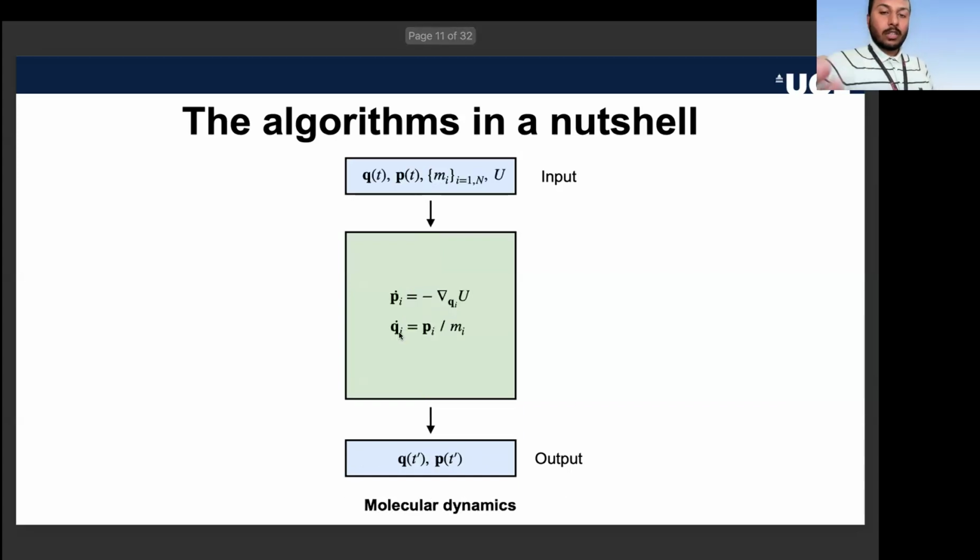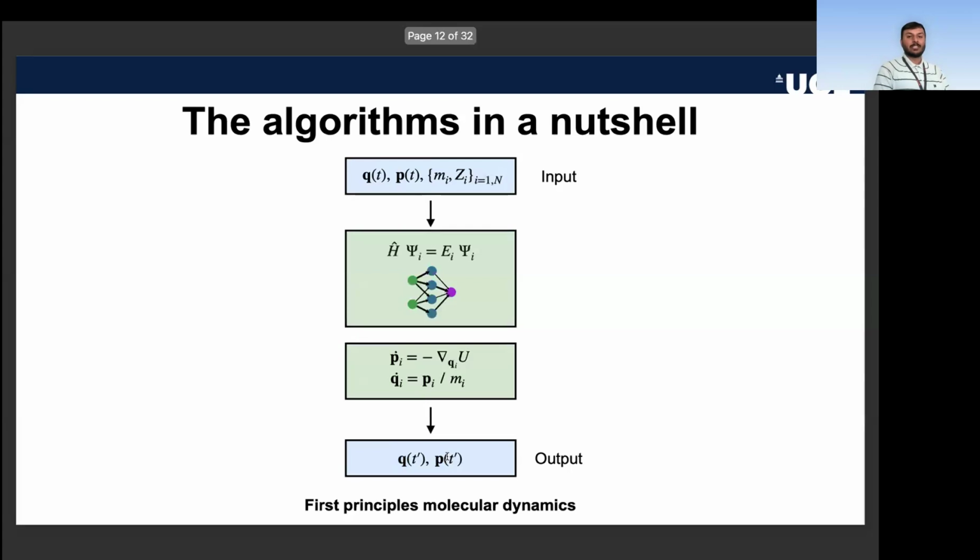Now, if you think about the molecular dynamics algorithm, it's a bit different here, where you need the positions, you also need momenta, you need the masses, and you need as an input a potential energy surface. And inside, this is just Hamilton's equations of motion, but in reality, much more complicated things happen, and you get the updated positions and momenta, right?